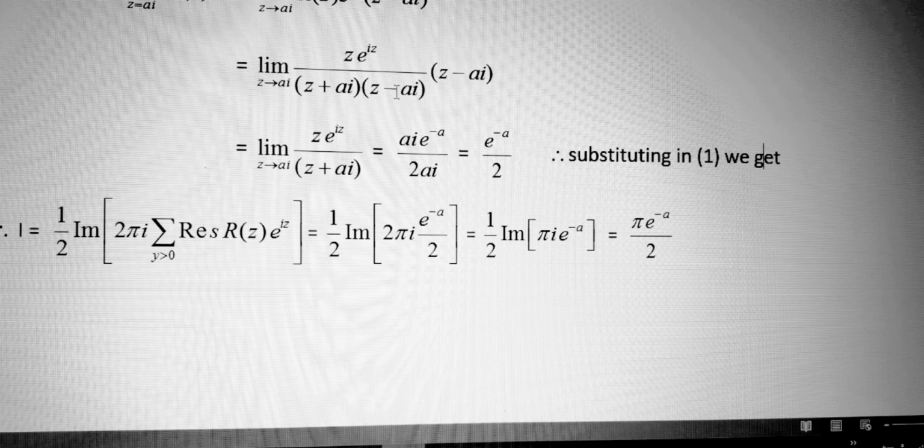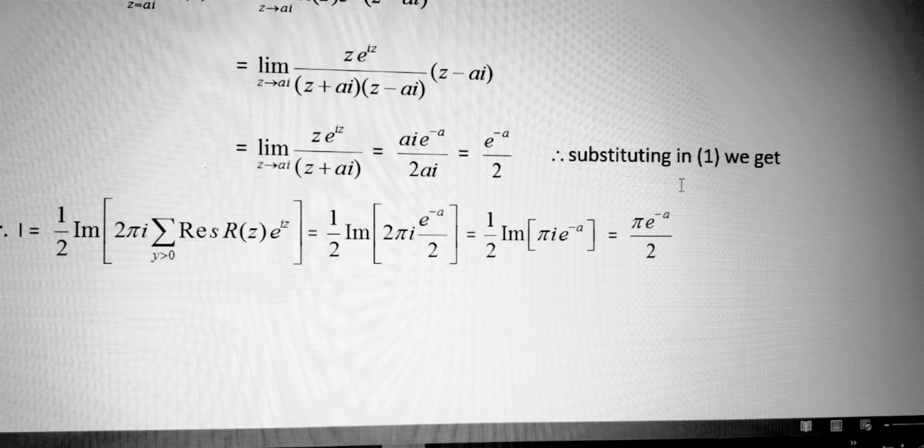Z minus ai cancelled. Therefore, this is equal to limit z tends to ai of z e raised to iz by z plus ai. Substituting ai, we get ai into e raised to minus a by 2ai. Cancelling ai, this is equal to e raised to minus a by 2.